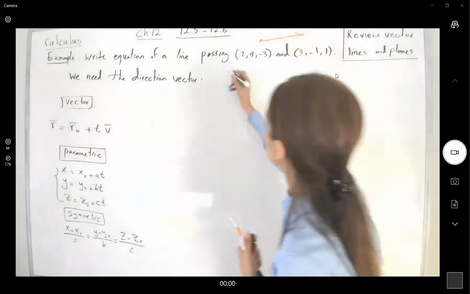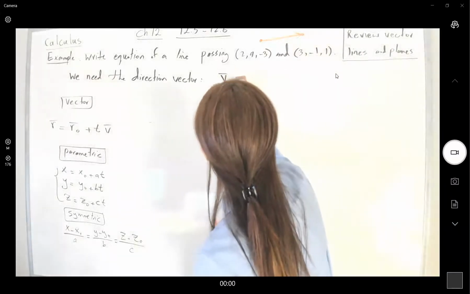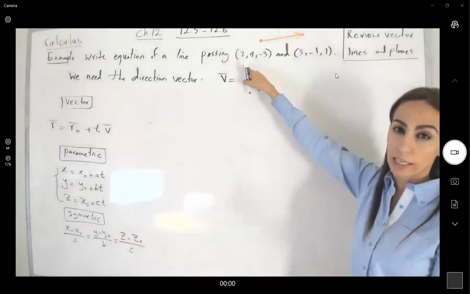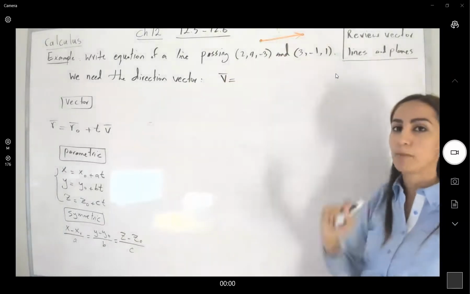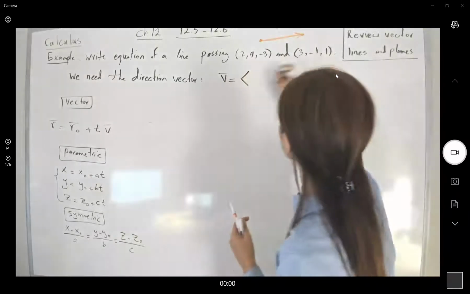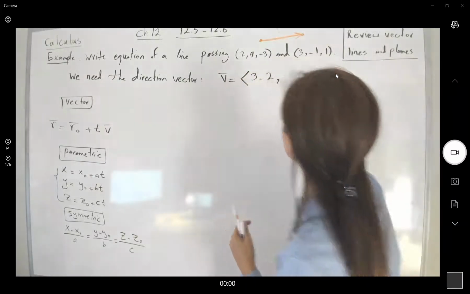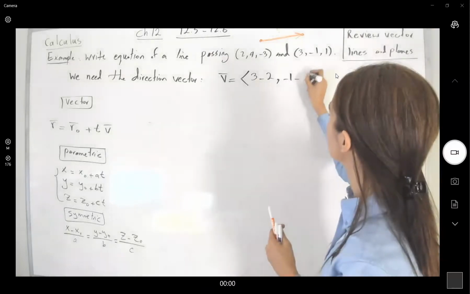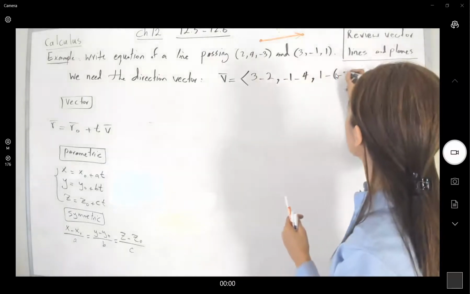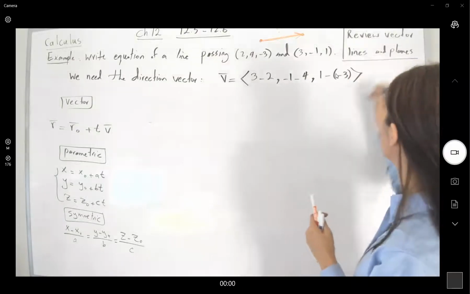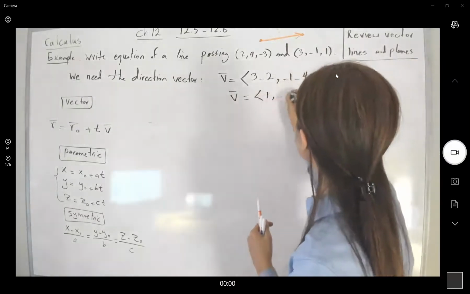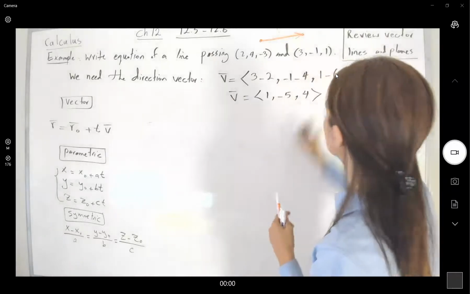To find this vector, vector v, you're going to subtract the coordinates of the initial point from the terminal point. So it's going to be 3 minus 2, comma, negative 1 minus 4, comma, 1 minus negative 3. So your direction vector is 1, negative 5, and 4.